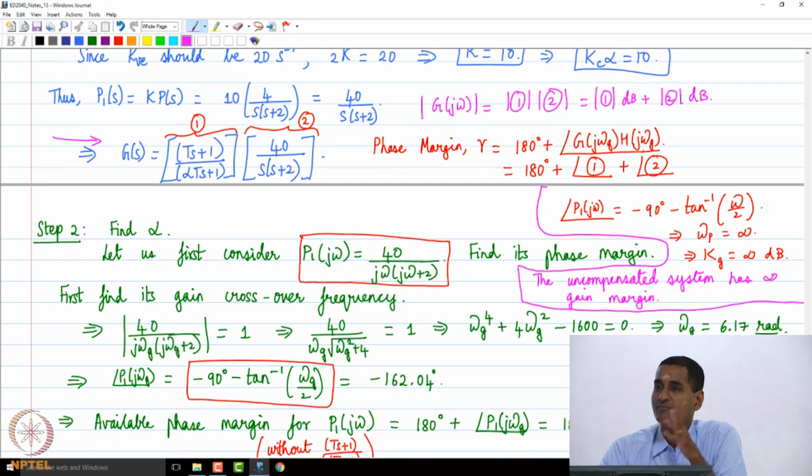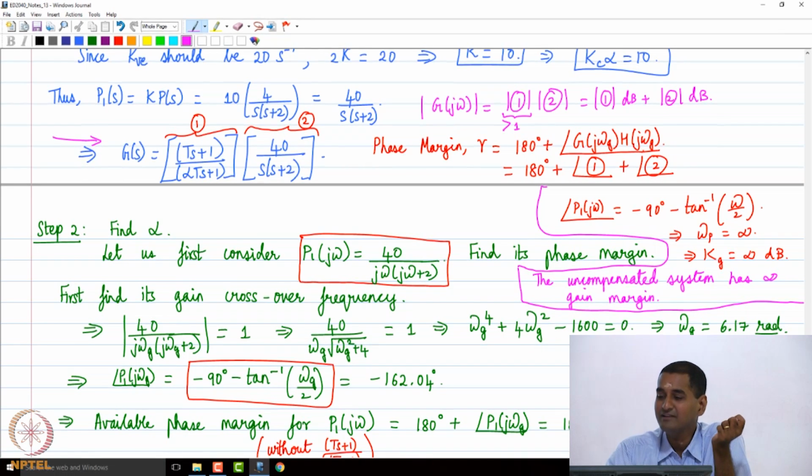Previously we equated the magnitude of 2 to 1 and got 6.17 radians per second as the gain crossover frequency. But now I am introducing a new factor 1 whose magnitude is going to be greater than 1 at this frequency. So the gain crossover frequency of the new system would increase, isn't it?